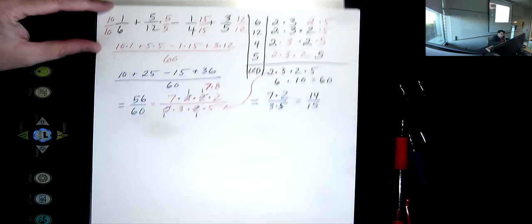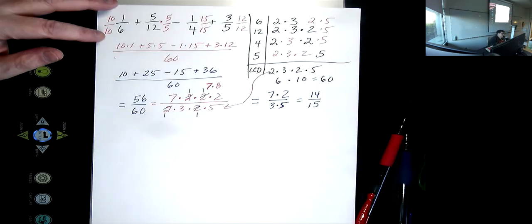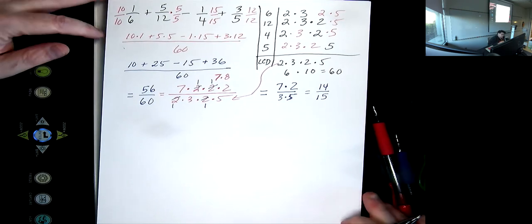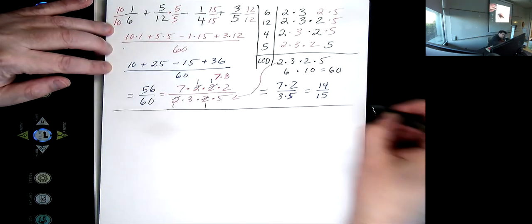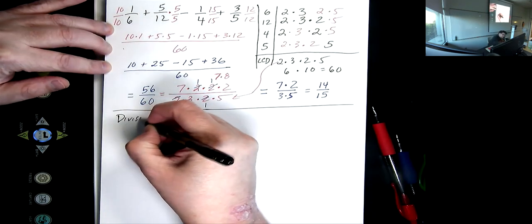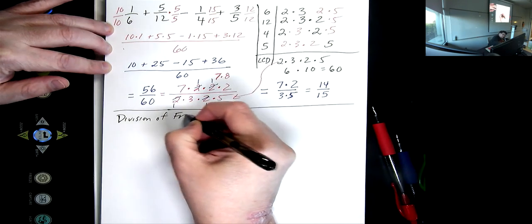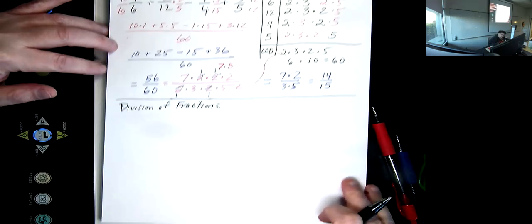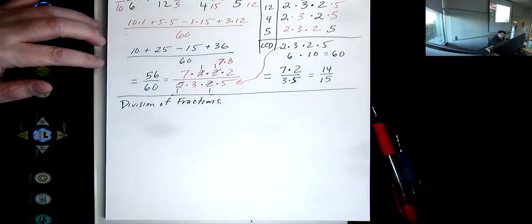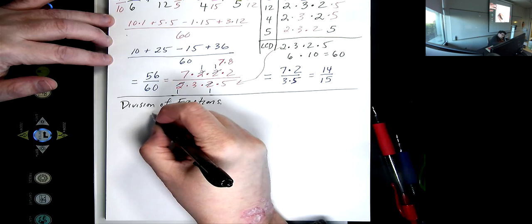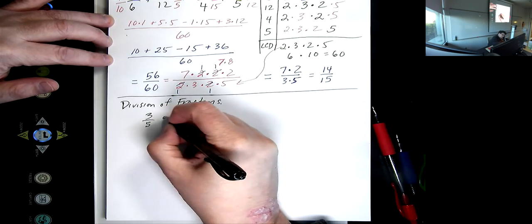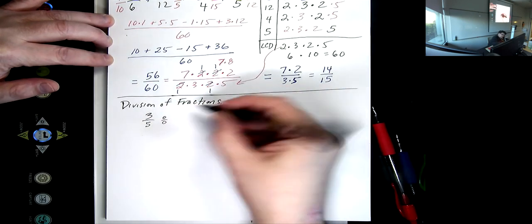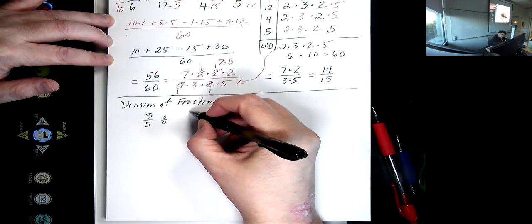All right, so that was multiplication of fractions, now division of fractions. Let's say I want to divide 3/5 divided by 1/4.